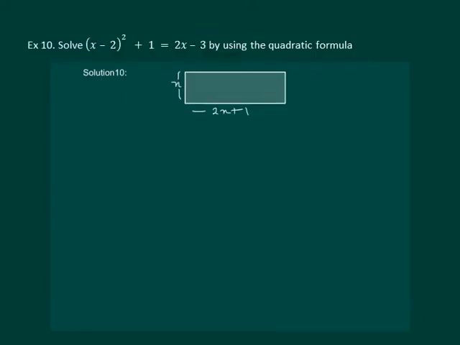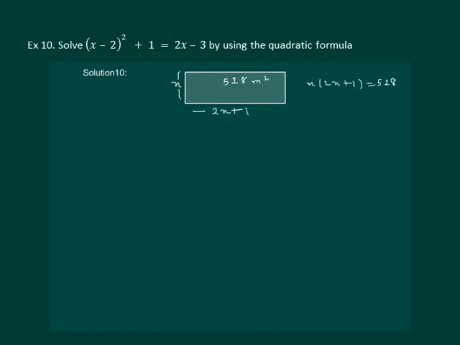Let us read the question. The area of a rectangular plot is 528 meters square. The length of the plot is 1 more than twice its breadth. We need to find the length and breadth of the plot. Let us solve this question by using the quadratic formula.